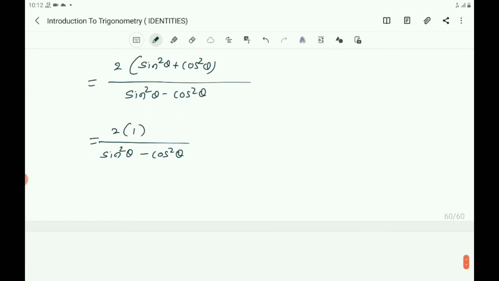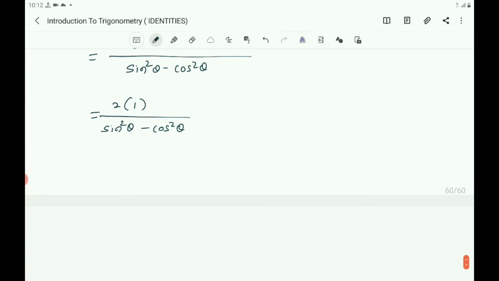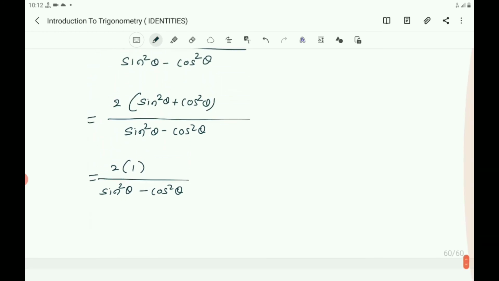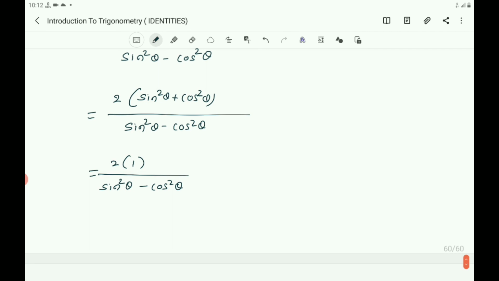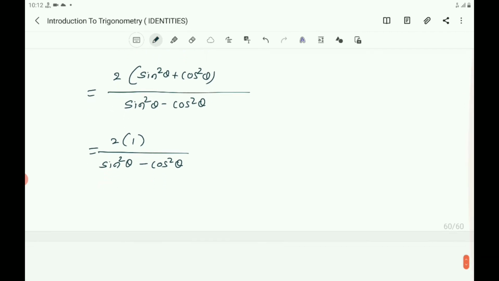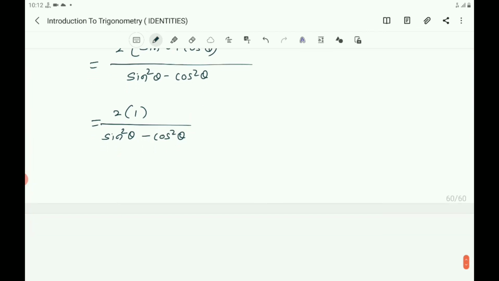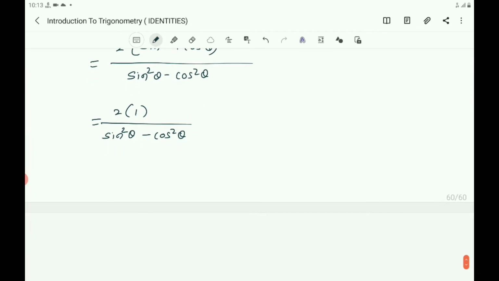And here you divide both numerator and denominator by cos square theta, because in the RHS there is tan square theta minus 1. So sin by cos is tan. So sin square by cos square is tan square.